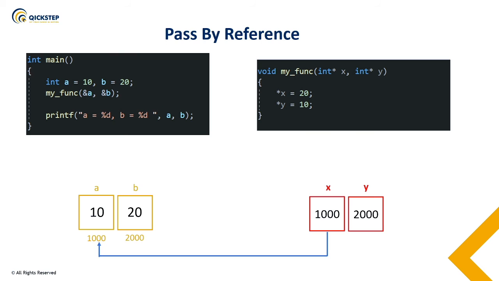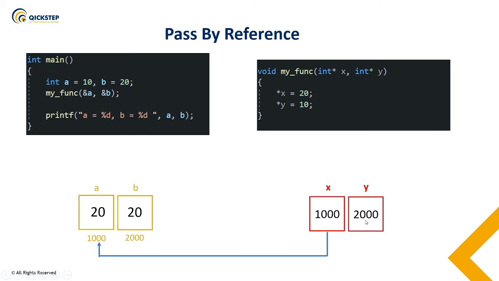When I say star x equal to 20, it means I'm accessing this memory location and assigning the value 20 over here. You'll clearly see here that the value changes from 10 to 20. Similarly, when I say star y, what does it mean? I want to access the memory location which this pointer y is currently holding.